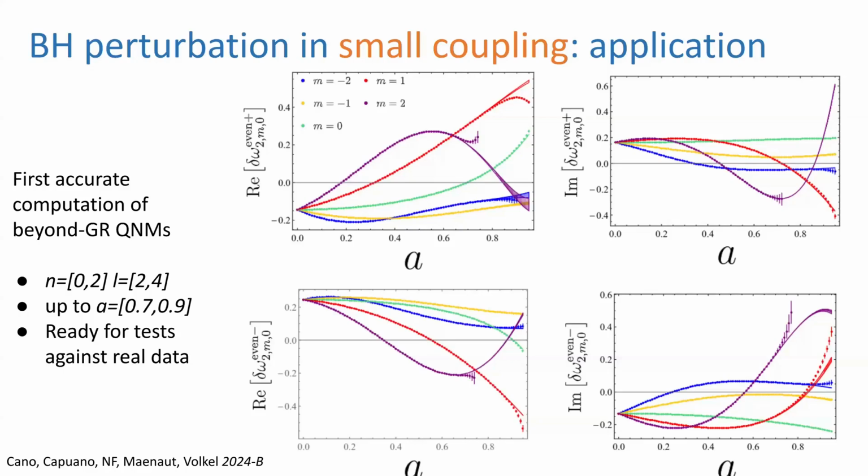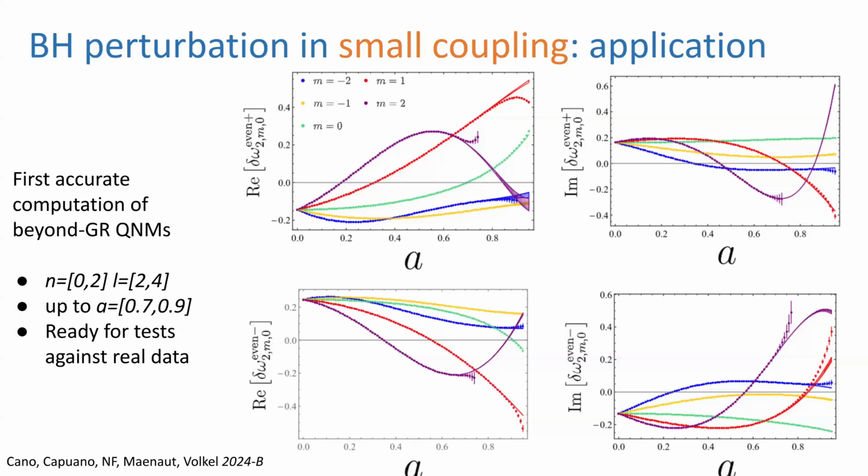As you can see, the points are the computed QNMs, and the lines, if I remember well, are the interpolation of the expansion at the order before the leading order, just to see that up to a certain point, for example, take m equals 2, leading order and next to leading order coincide, and then they start diverging.